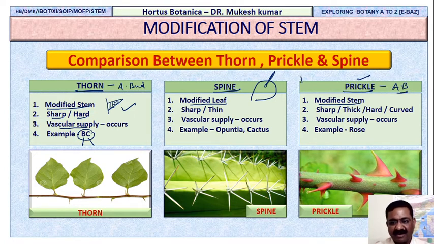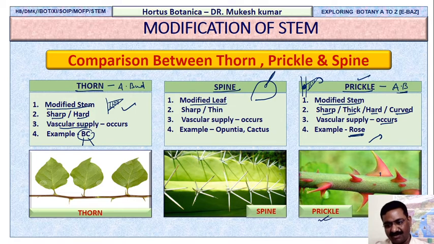In prickle, the bud grows into a hard, pointed structure very similar to thorn, but its tip is curved. In the case of rose, a very common plant, you can go through the stem and find its prickle. It is only a little curved. So this is a special thorn: sharp, thick, hard, and its tip is curved. It also gets vascular supply, as in the case of rose.